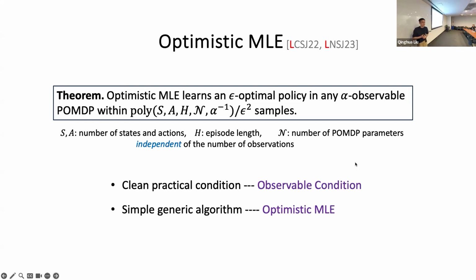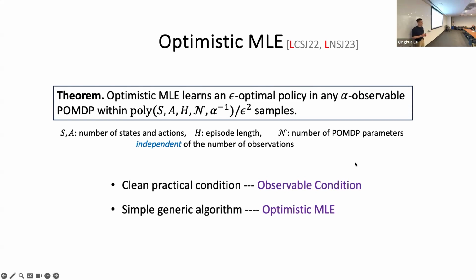We only assume they are bounded, between 0 and 1, or 0 and capital H. Another assumption is you know the number of hidden states. I think we can do something like an upper bound for your hidden states, but if you don't even have an upper bound, I guess it's very hard to decide.